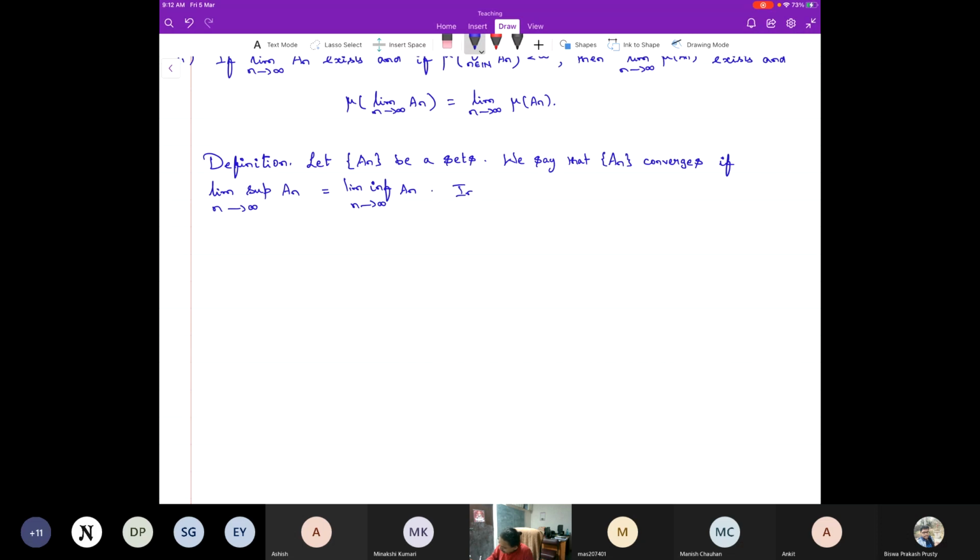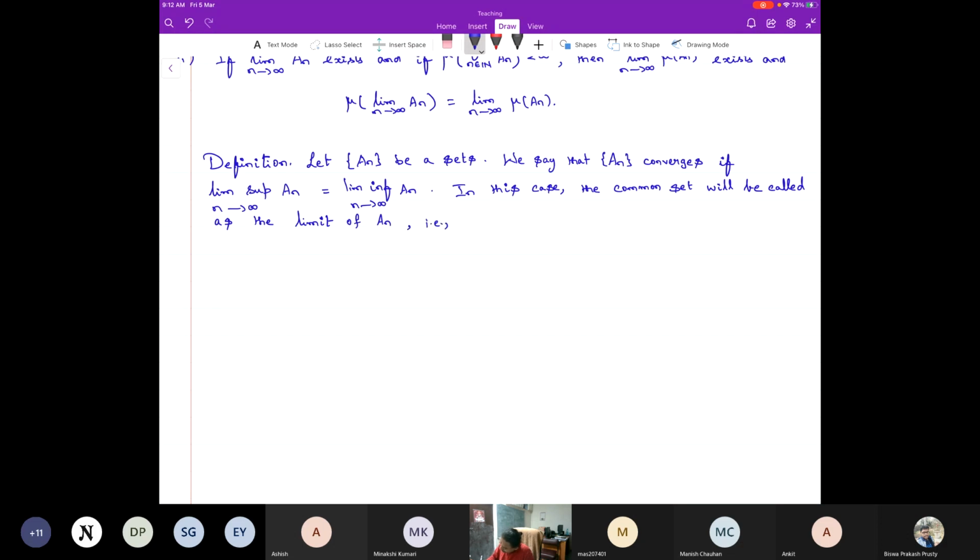So in this case, the common set will be called the limit of A_n.